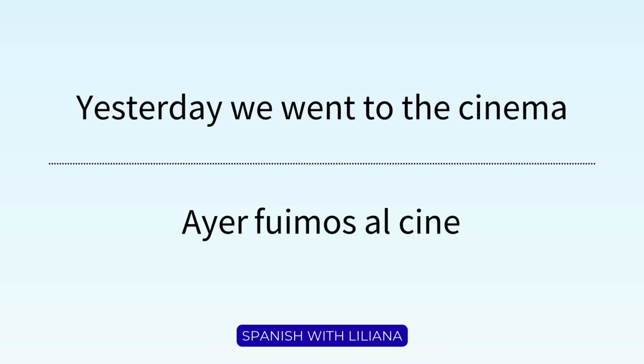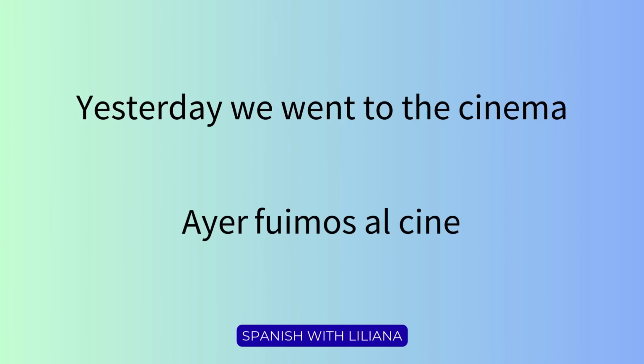Al cine. Al is a contraction in Spanish. It really is a el, but because there are two vowels, a and e, we combine them. Al. Ayer fuimos al cine. So again, the Spanish sentence is very similar to the English structure here.